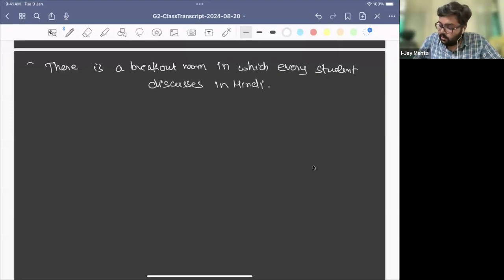Okay, what you have to do? Identify the set, then quantify the property quickly. The same thing we discussed yesterday, right? Some example I observed in some breakout room, every student was discussing in Hindi. So I just made a statement.